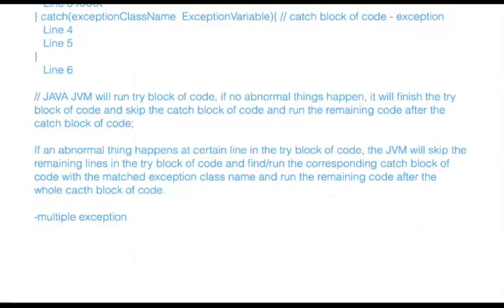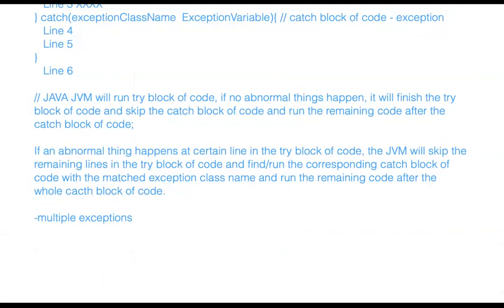Okay, so we come back. So this is multiple exceptions. It will find the matched one. It will not run the whole catch block of code one by one. It will just find the matching one. So now we look at how Java organizes your exceptions. Java organizes exceptions based on the inheritance relationship.